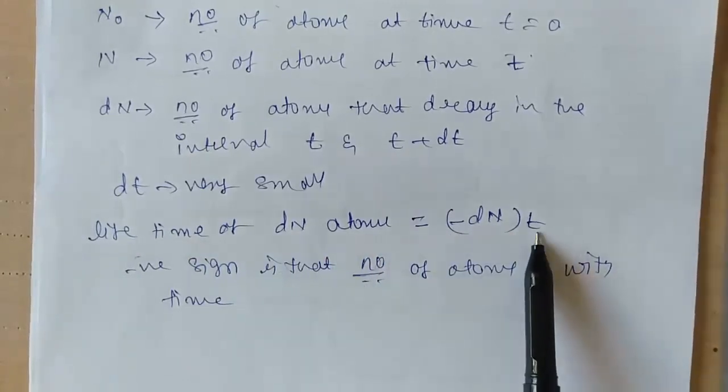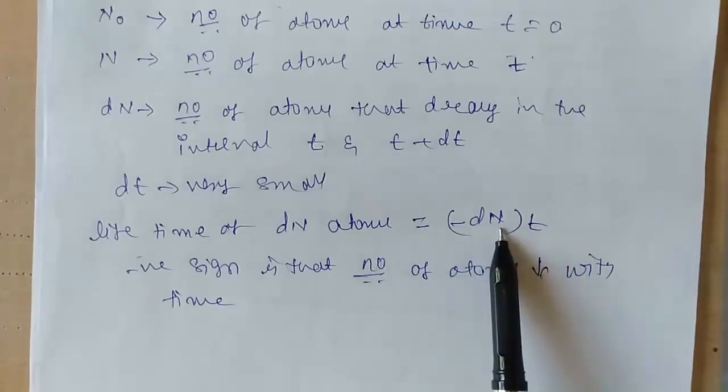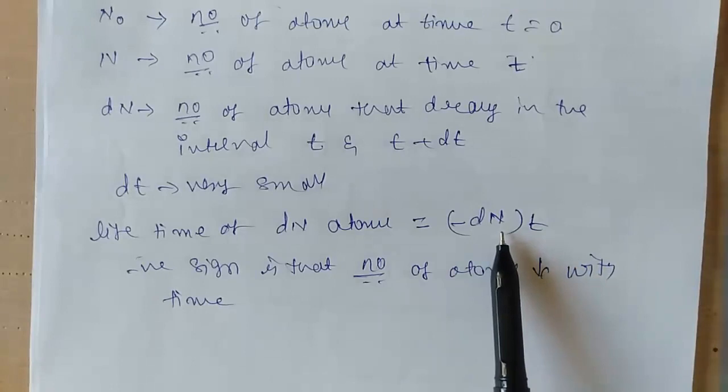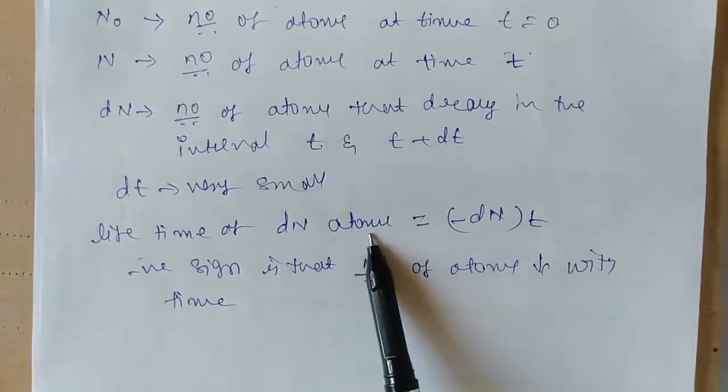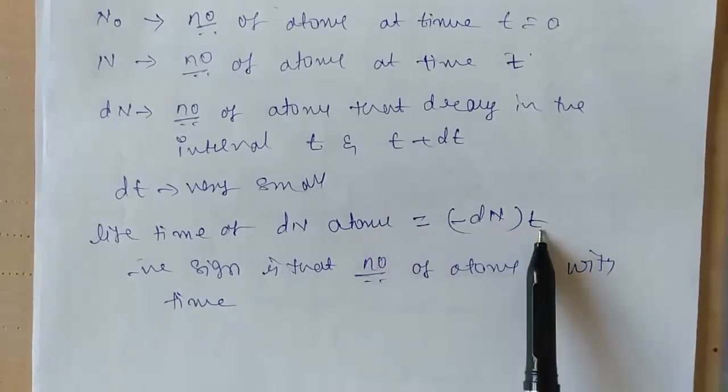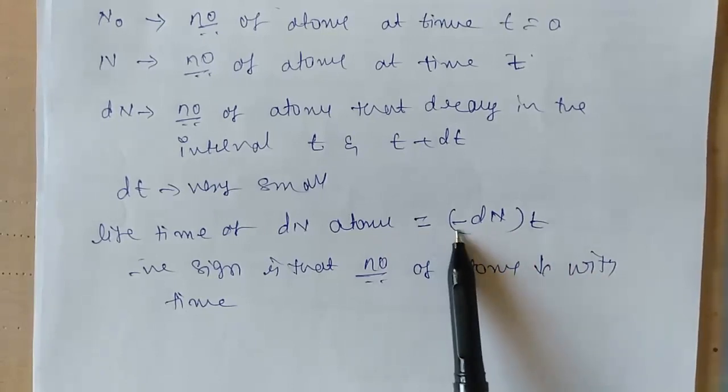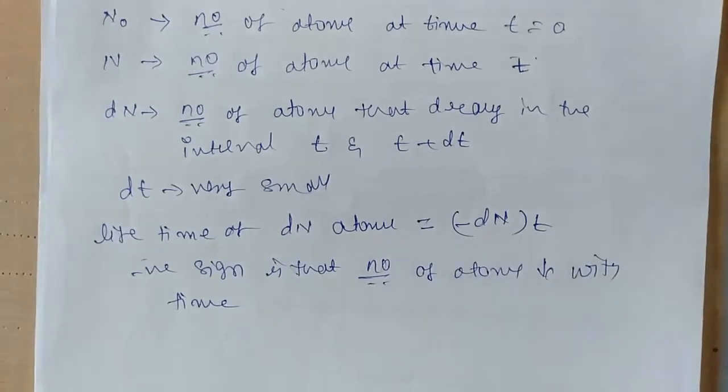That is, for how long those dn atoms remained is dn into t. The negative sign indicates that the number of atoms goes on decreasing with time.